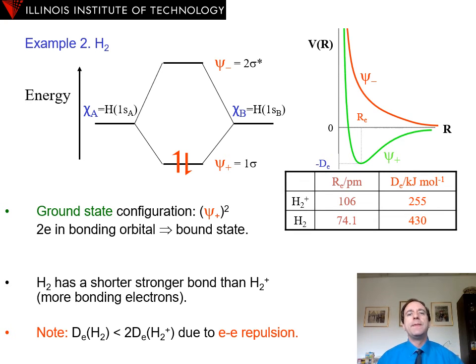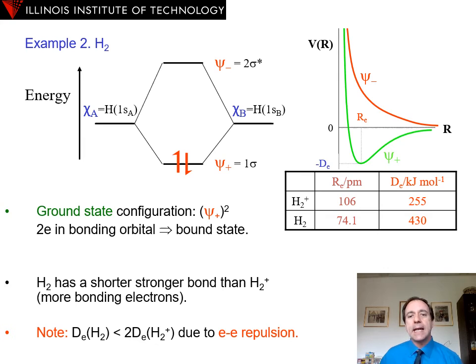When these two wave functions come together, it creates a bonding orbital, which we see in green, and an anti-bonding orbital, which we see in red, but it doesn't use the anti-bonding orbital. So it's there because it has to be there. If we've taken two atomic orbitals and made molecular orbitals out of them, we have to make two molecular orbitals.